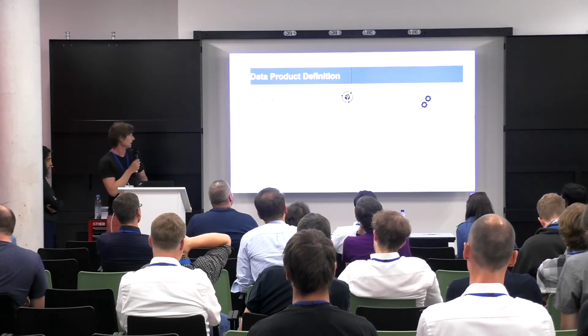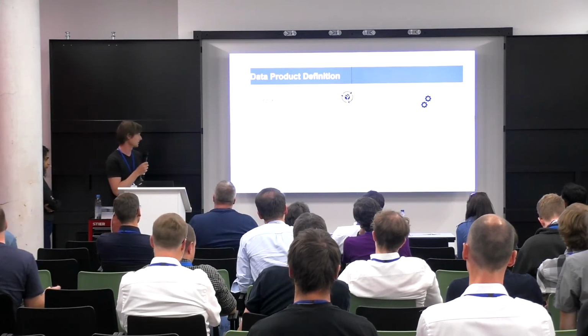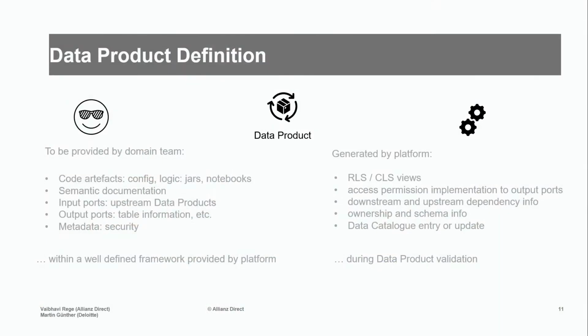Next, a brief definition of our data product. The data product essentially consists of everything that needs to be created. So essentially a streaming job or a new table can be created. This is configuration logic, jars, and all this kind of stuff, some semantic documentation, some metadata.